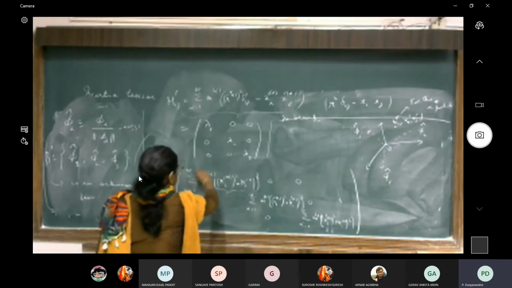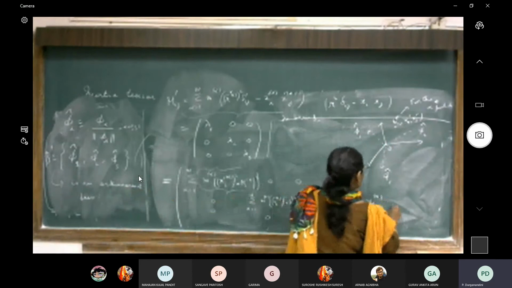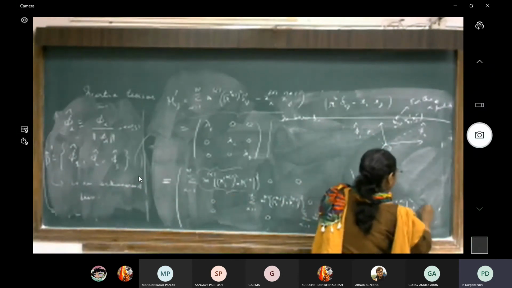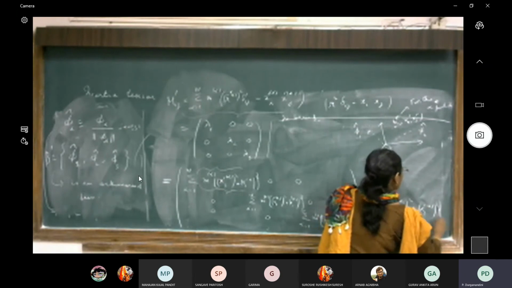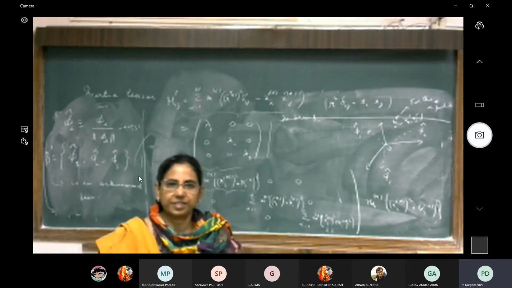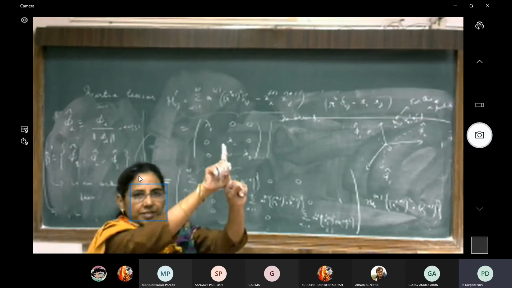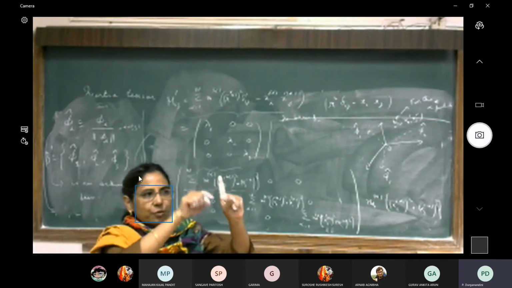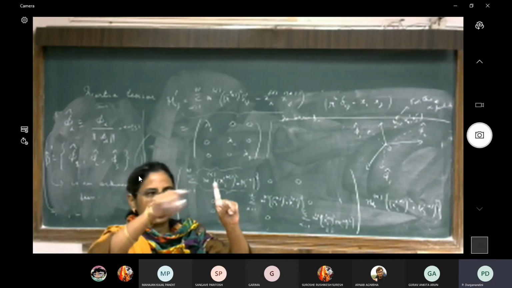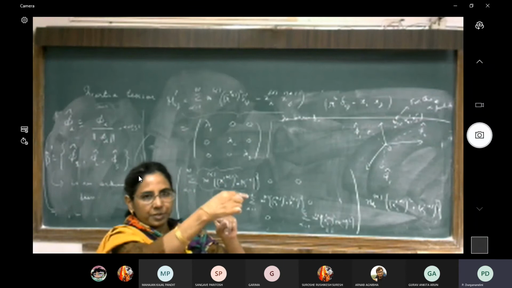Now, if you look at this first term, this is for the alpha particle. It is simply m alpha times x2 prime alpha whole square plus x3 prime alpha whole square. What is this? What is x2 prime alpha square plus x3 prime alpha square? So think about, suppose this is your phi 1 axis. Now x2 prime will be this distance, because suppose this is your phi 2 axis, and let us say this is my phi 3 axis. So x2 prime square is this, x3 prime square is this.